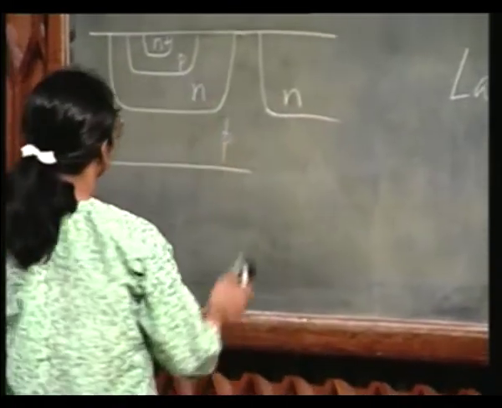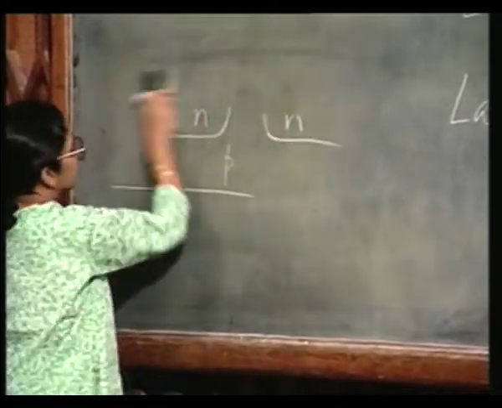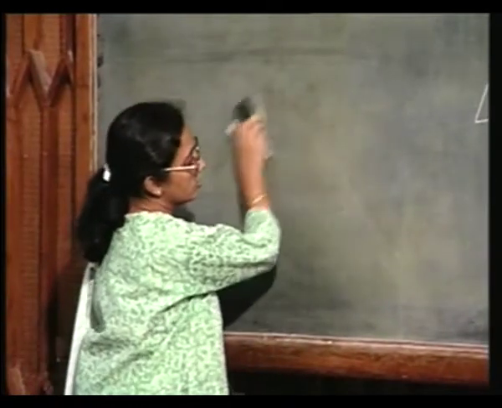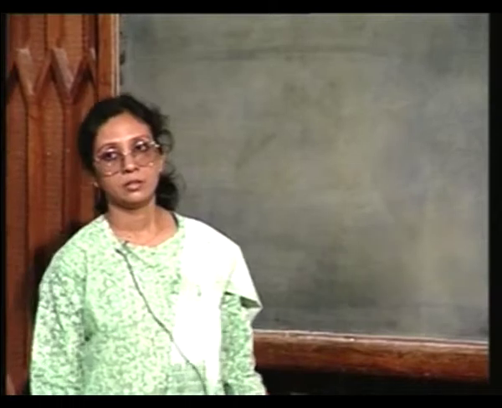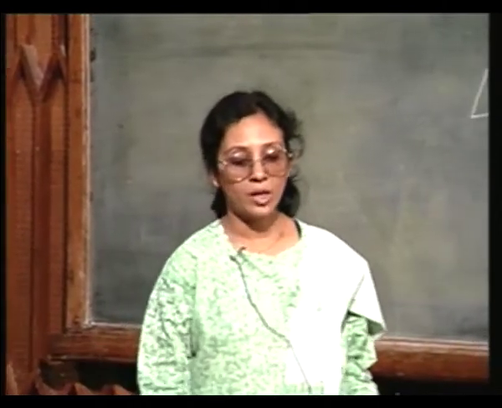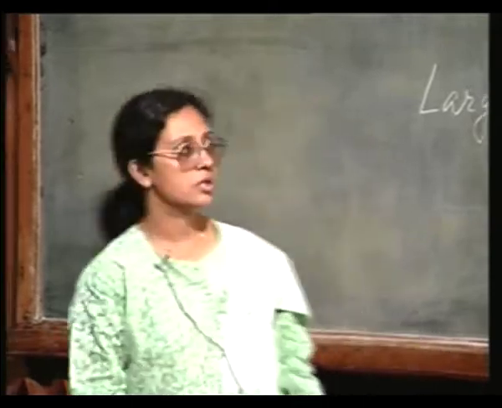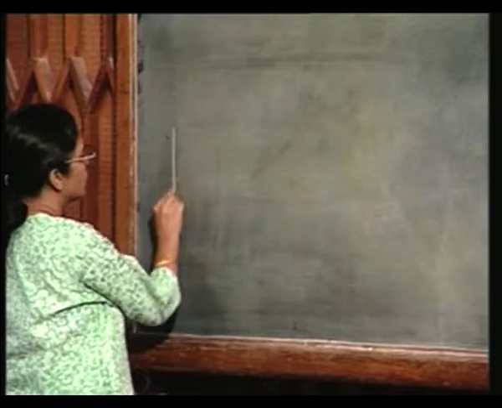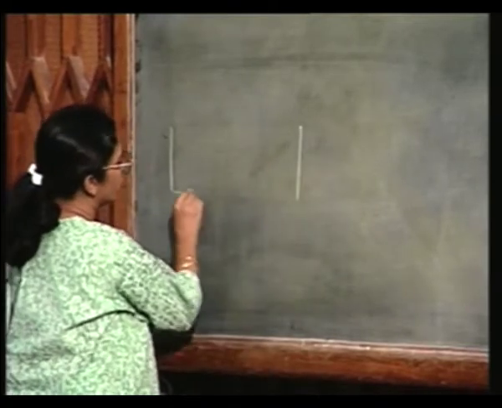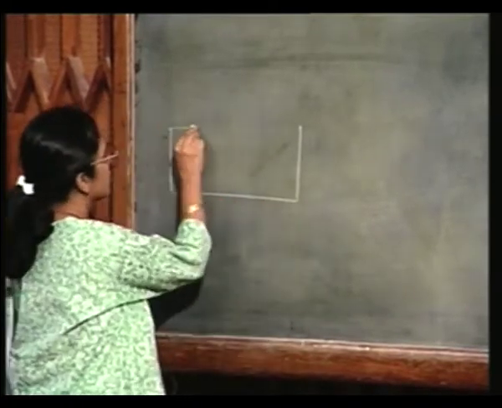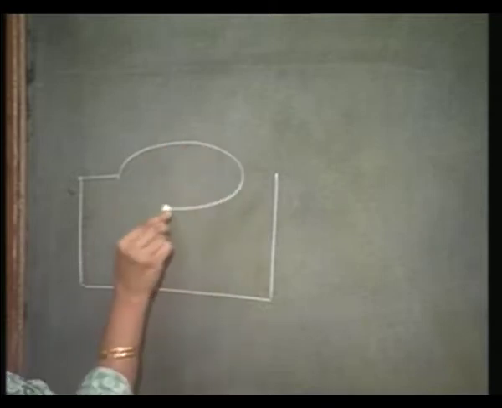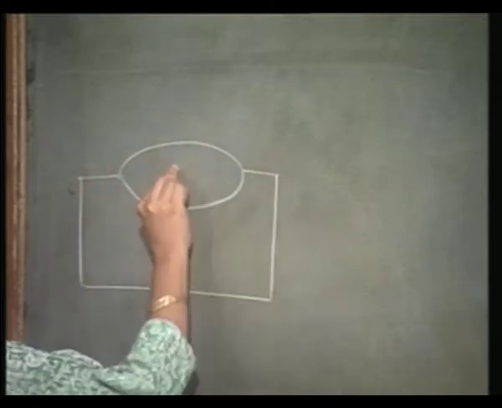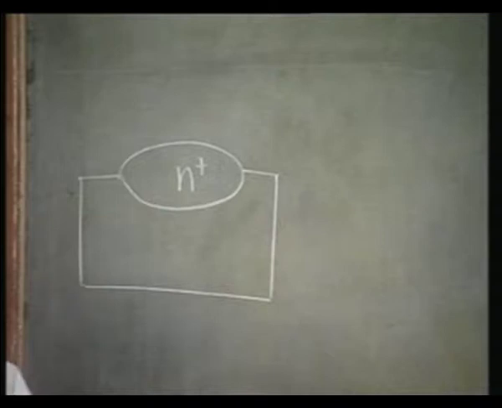The other technique that was used again in junction isolation, the other choice, was called collector diffusion isolation, CDI. In this, what you do is you start off as before with the p type substrate, and then you have the n plus buried layer.